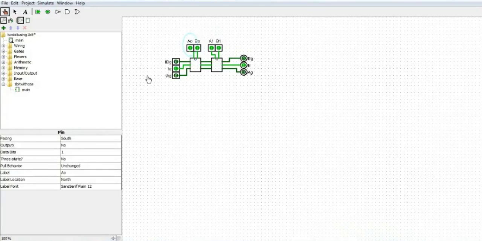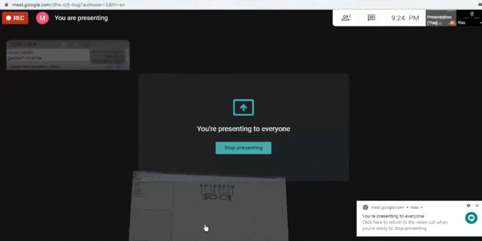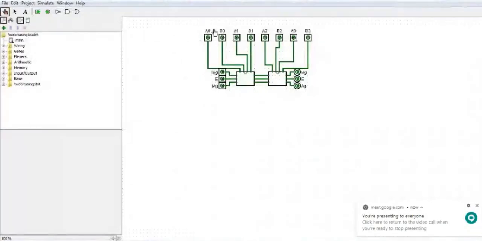So saving this circuit, we can consider this a 2-bit magnitude comparator, right? Saving this circuit again, we can build a 4-bit magnitude comparator. So that is also done, right?